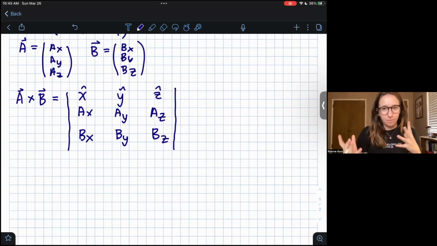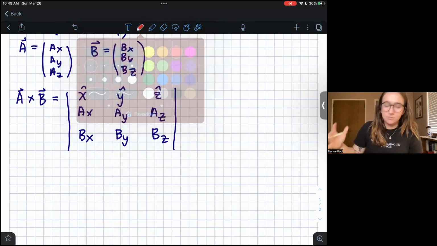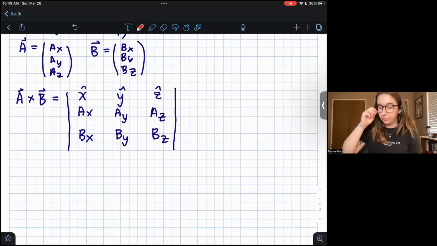Determinant is kind of a big word. You don't have to really know exactly what it means right now, but just know that this is how you would find it. Since this is a 3x3 matrix, the first thing we're going to do is find the determinant for X. So we're going to expand out this matrix to find the determinant of the total thing.